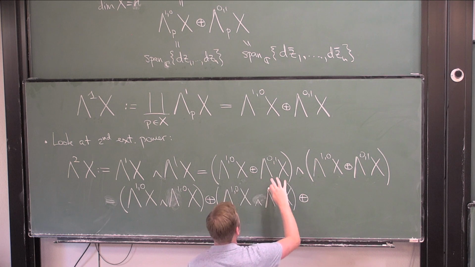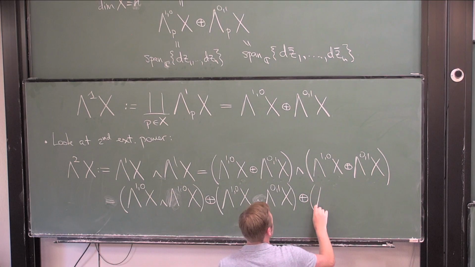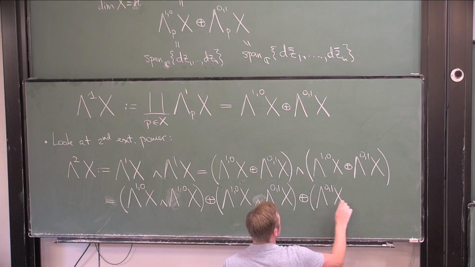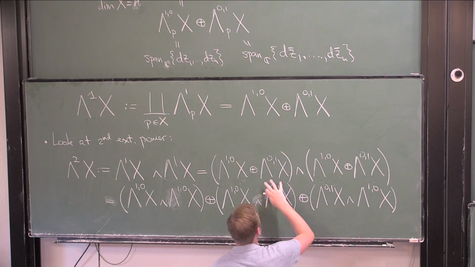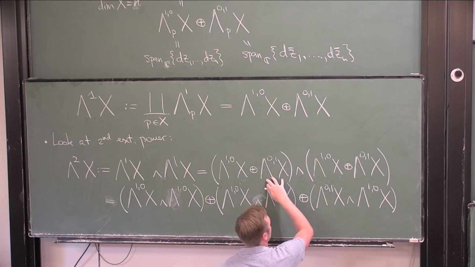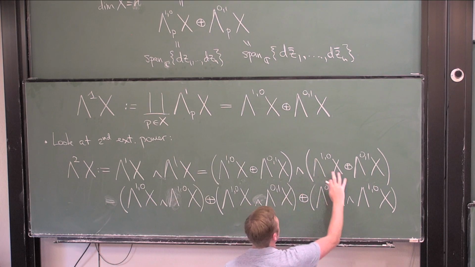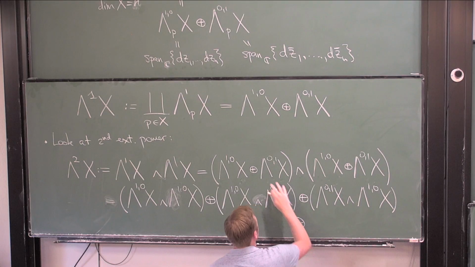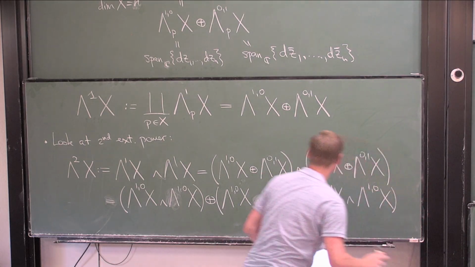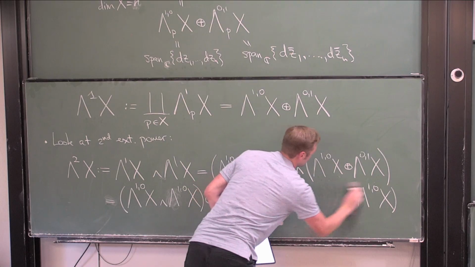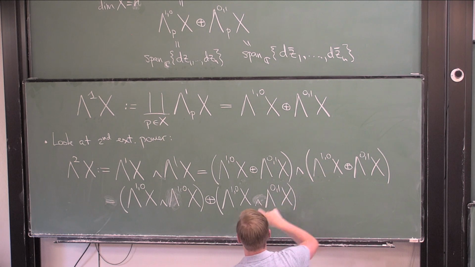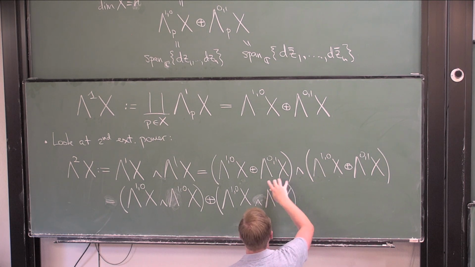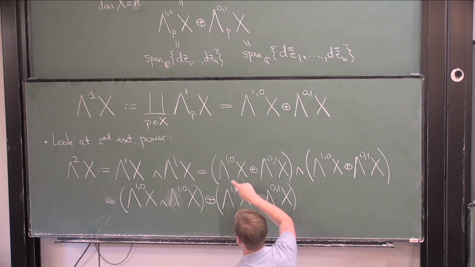And then the third term is that I need to wedge this guy with this, so I have lambda 0,1 of x wedge lambda 1,0 of x. And then the remaining term... Sorry, what did I do? Oh no, sorry, that's what I wanted to write. Never mind. Let me do this again.